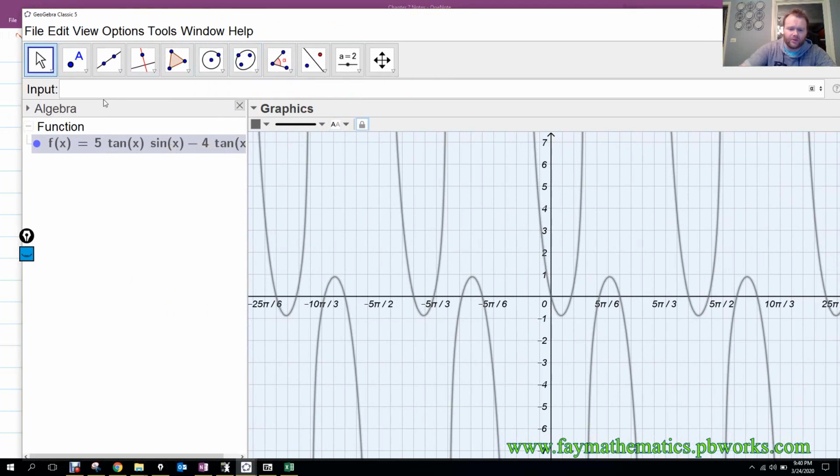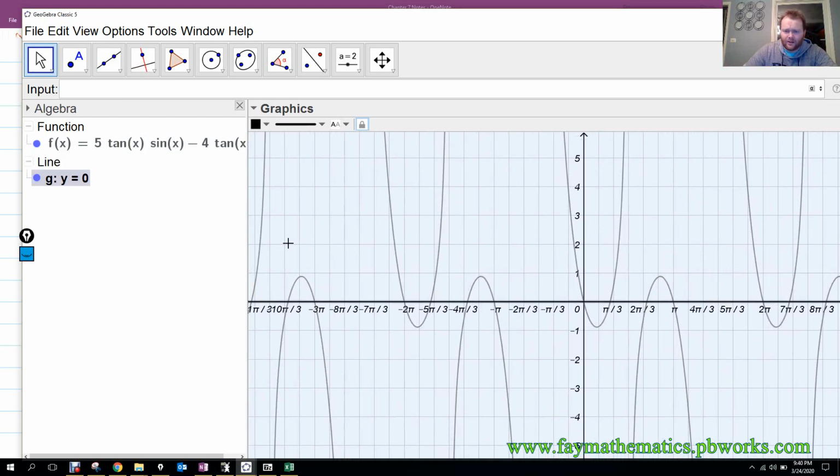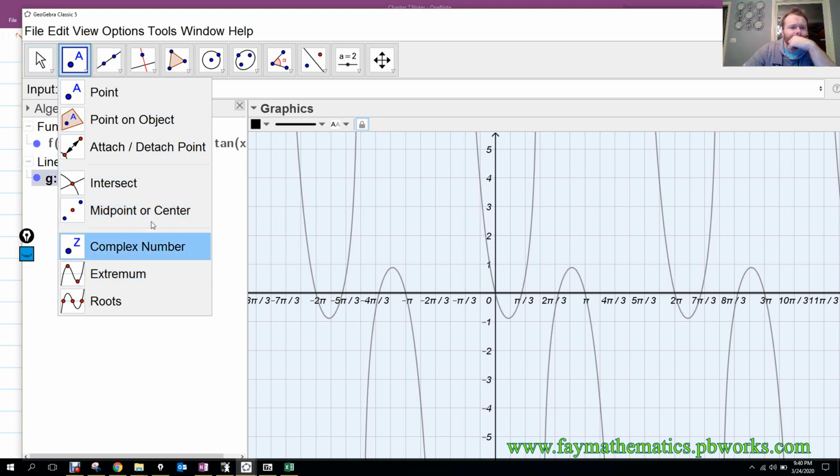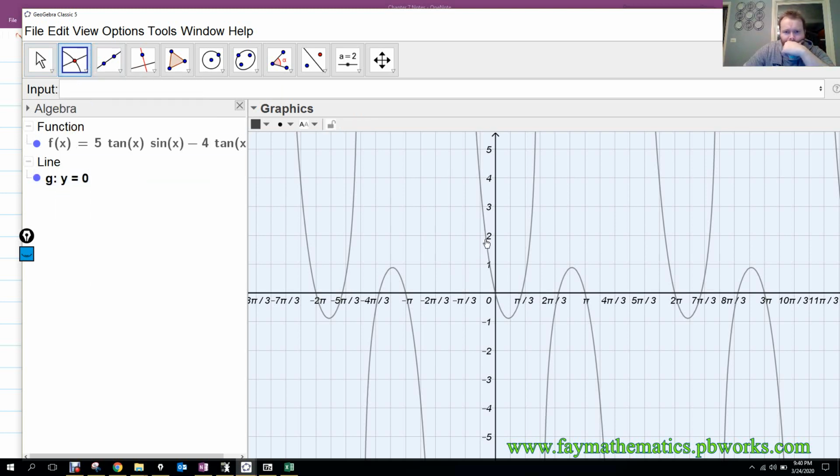So let's actually put y equals 0 in here, and you can see then that what we end up with is, let's put a point on here. Okay, so it puts that first point there at A.